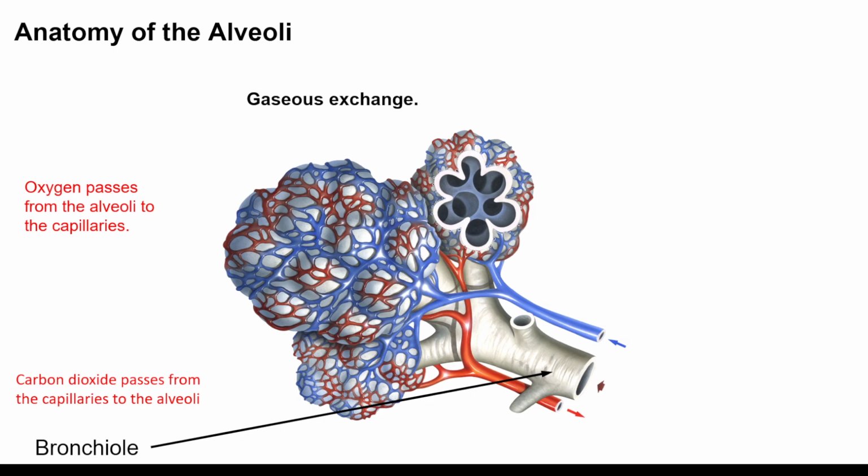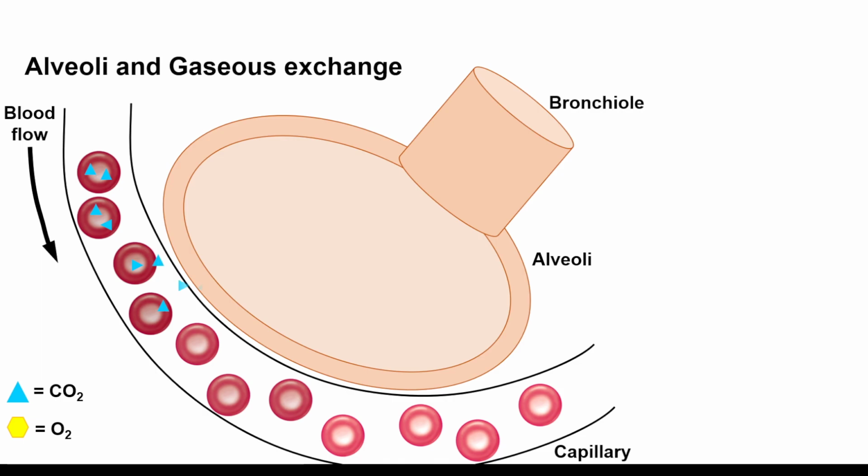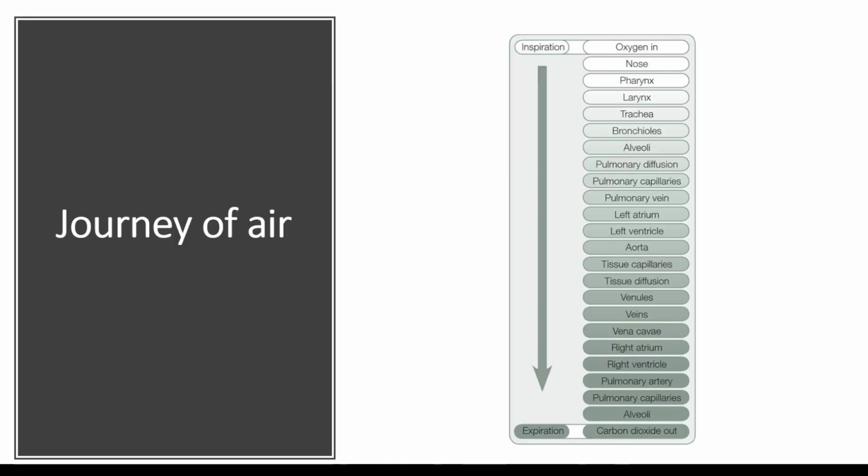So this is just a slightly more anatomical image of what it's going to look like. So you can see your alveoli there. You've got your bronchiole, which is your twig, which is then linked onto your alveoli, which is surrounded by capillaries. Again, it's just exactly the same animation there. So what I would suggest is take a screen grab of this, maybe write this whole process out to remember it better.